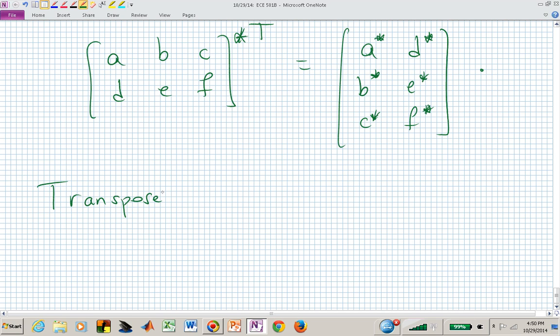In words, then, one way of saying this is you transpose the matrix representation of T and then take the complex conjugate of each entry.